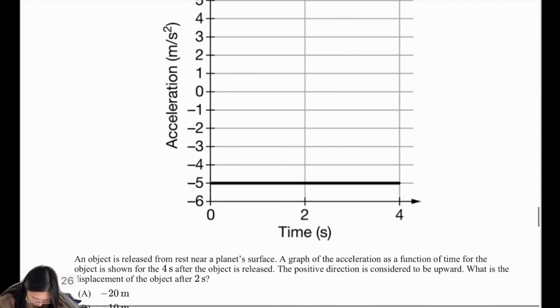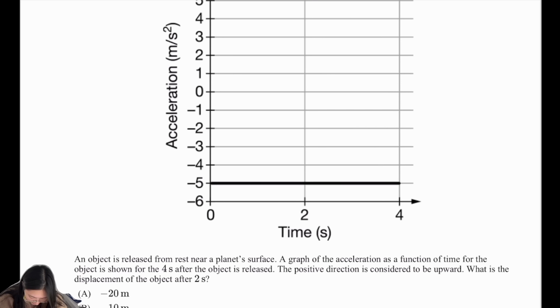Question number 19. An object is released from rest near a planet's surface. A graph of the acceleration as a function of time for the object is shown for the 4 seconds after the object is released. So acceleration has always been a negative constant. The positive direction is considered to be upward. What is the displacement of the object after 2 seconds?